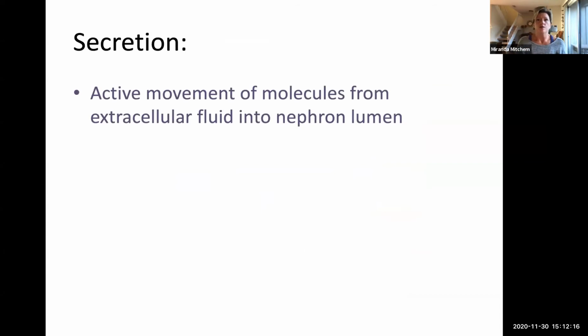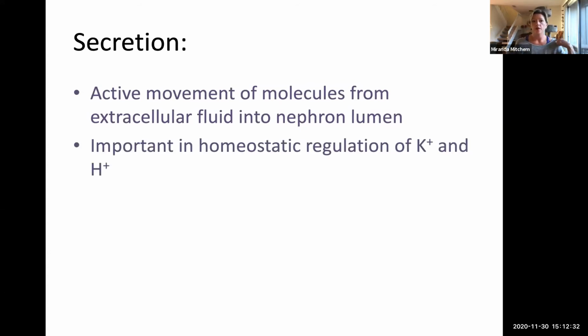All right, so secretion is when material goes from the extracellular fluid into the nephron. So we're getting rid of it. It's being destined to become urine. But this is important, we need to talk about the role of pH balance, and that does tie in with the role of potassium.